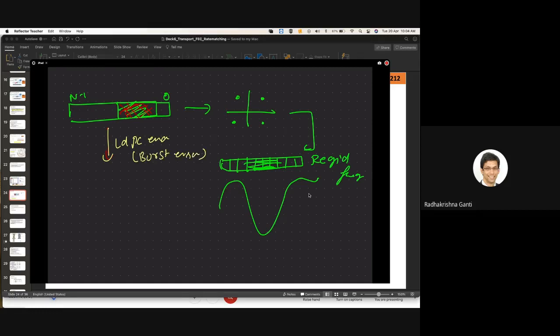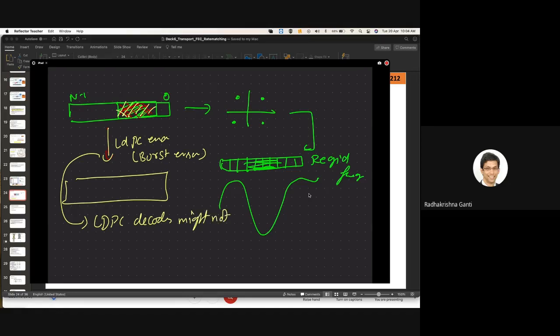Burst error means a bunch of bits which are close by completely go for a toss. In this particular case, the LDPC decoder might not be able to recover the errors.